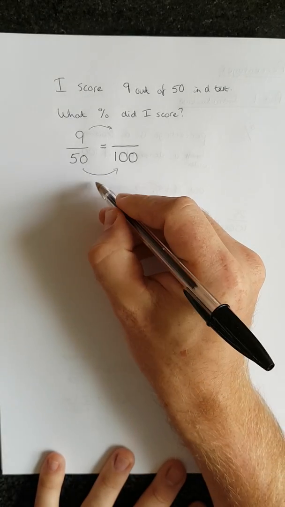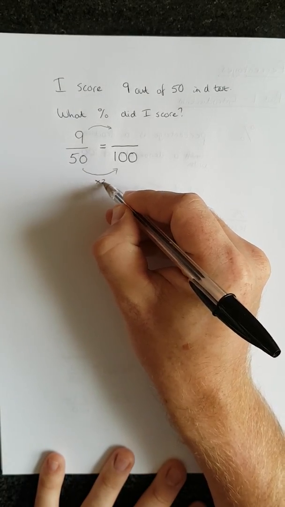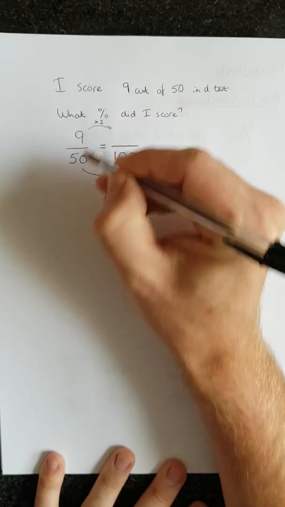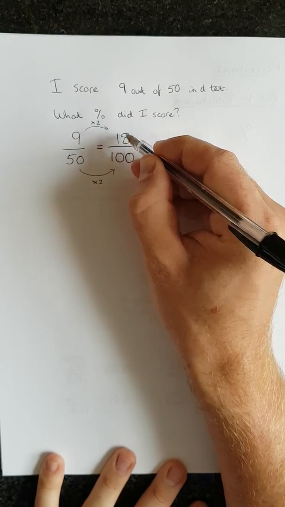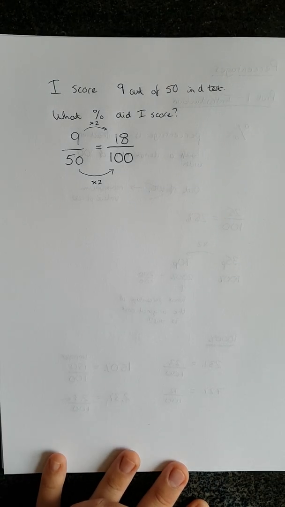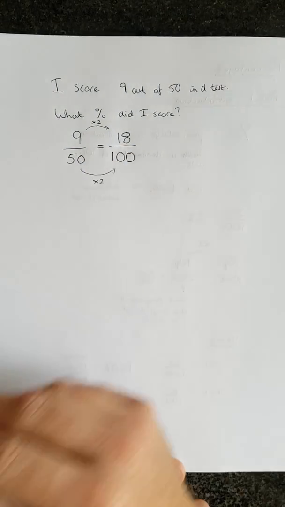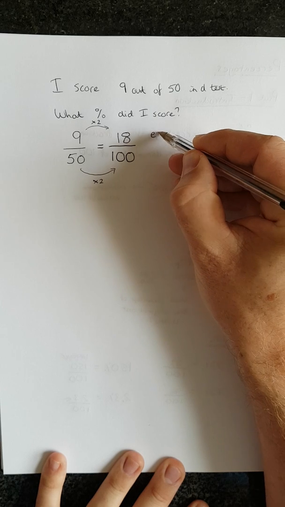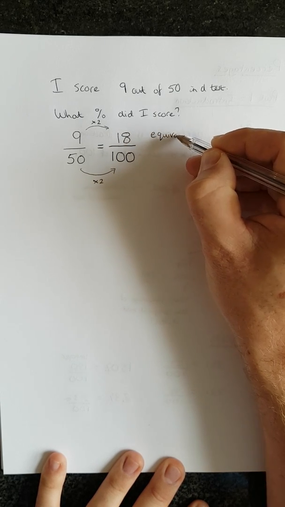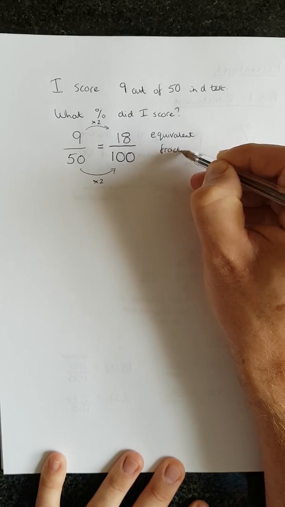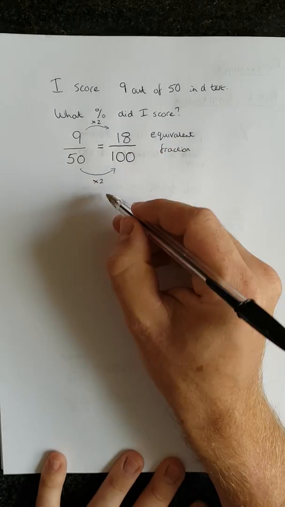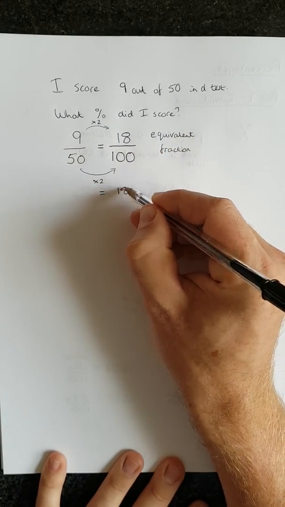Well done if you've worked it out now. If you multiply both parts by 2, we get 18 over 100. Still has the same value. It's an equivalent fraction. And that is 18%.